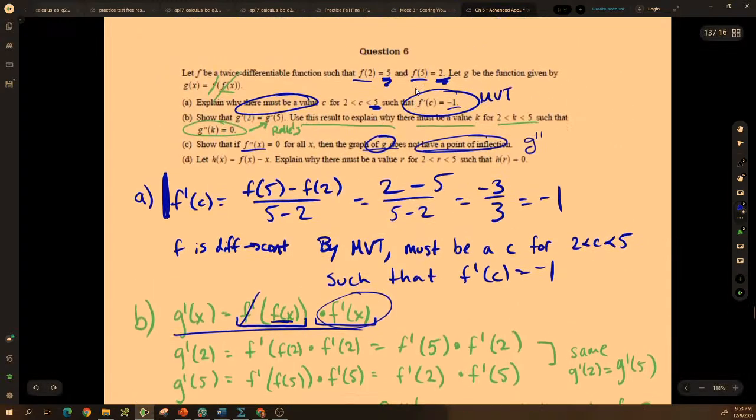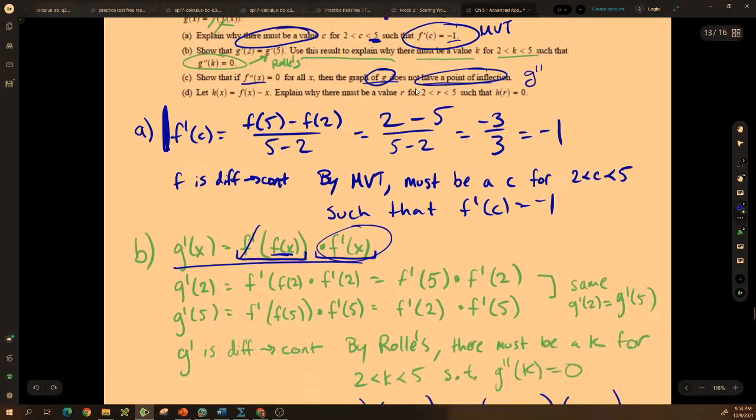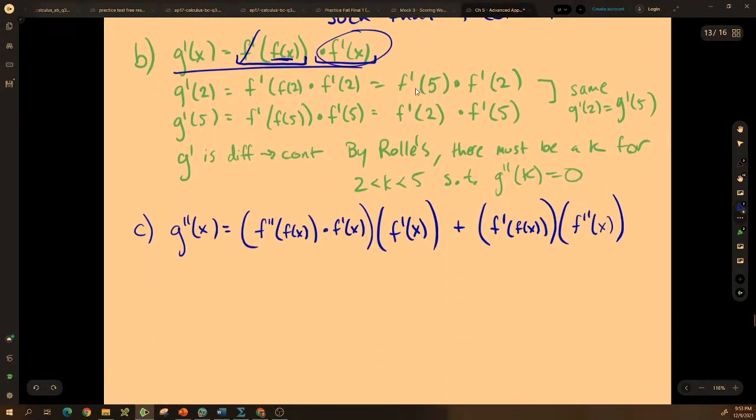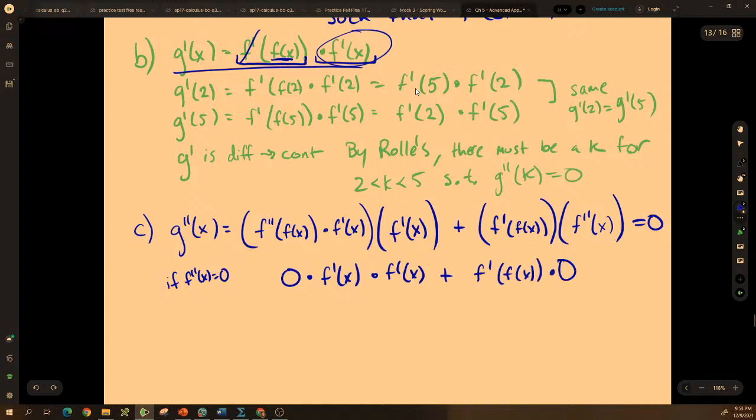And what they said is to show that if f double prime of x is equal to 0, then g wouldn't have an inflection point. So we want to set this equal to 0. That's how I solve for an inflection point. But if f double prime of x equals 0, then this is going to become 0 times f prime of x times f prime of x, plus f prime of f of x times f double prime, which we're calling 0.